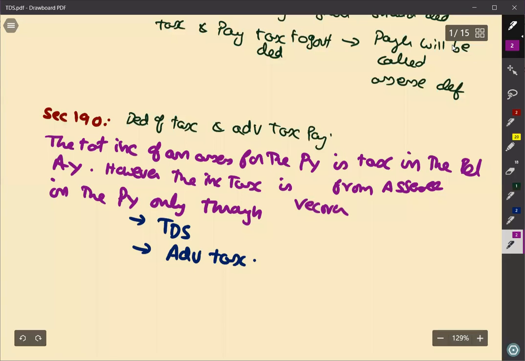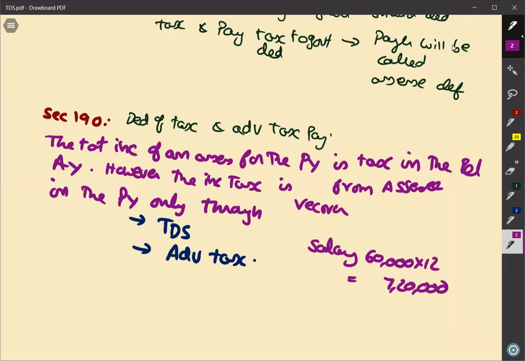Suppose, as I mentioned, every month you are getting a salary. Let us consider 60,000 rupees per month is the salary. So 60,000 into 12 gives you 7,20,000 as salary per annum. Now the employer every month is deducting a TDS.